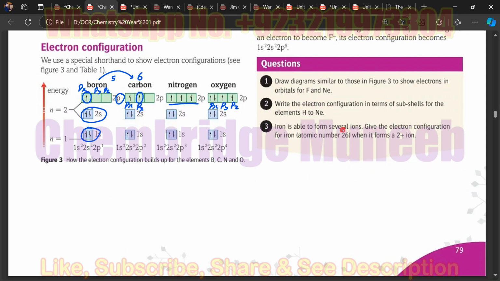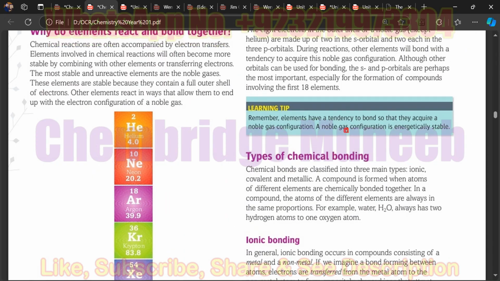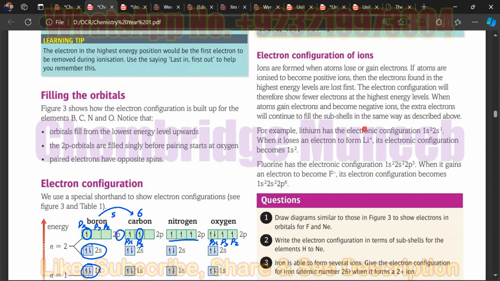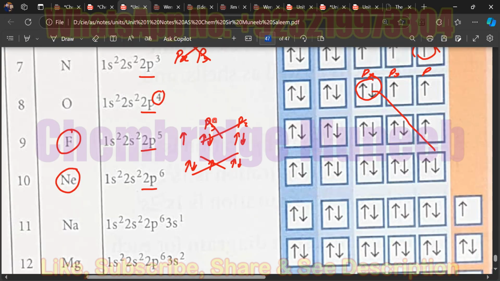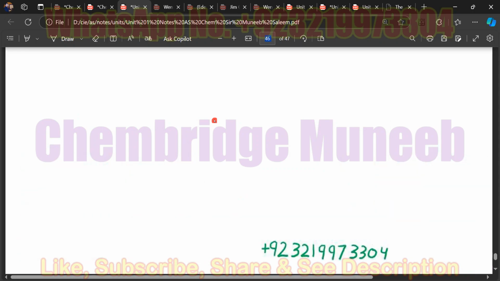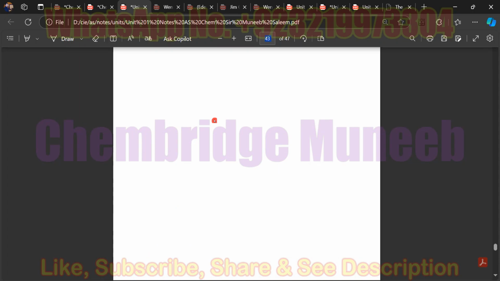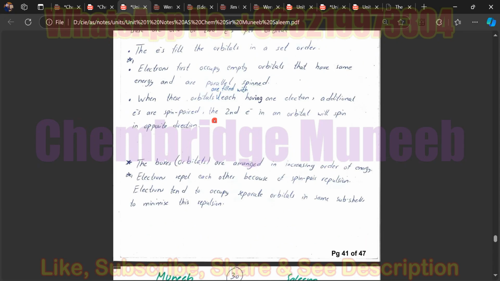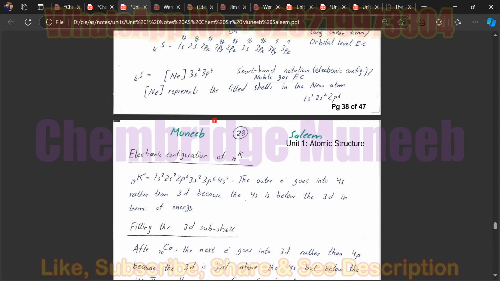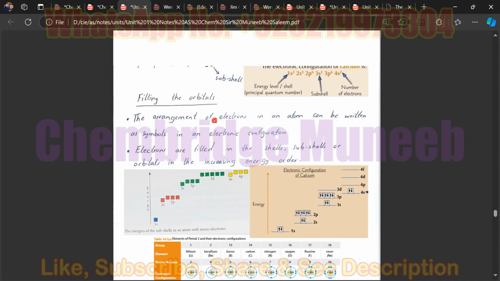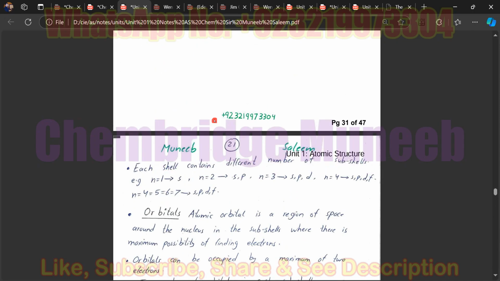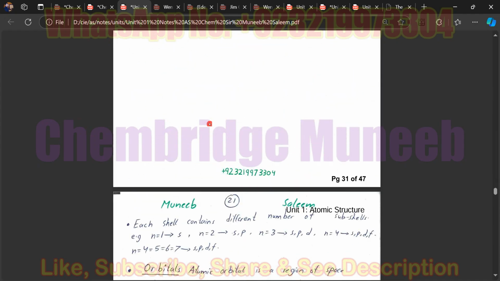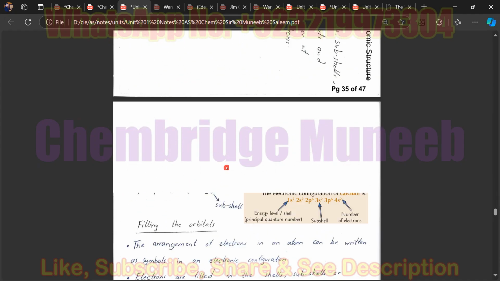Now the electronic configuration of the ions. It is a very easy topic. I can show you the same topic from my notes. For example, if we are given any particular ion made up of any element, we just need to know what charge is present on that ion and what that charge means. Suppose the charge on the atom is positive, then what does it mean?